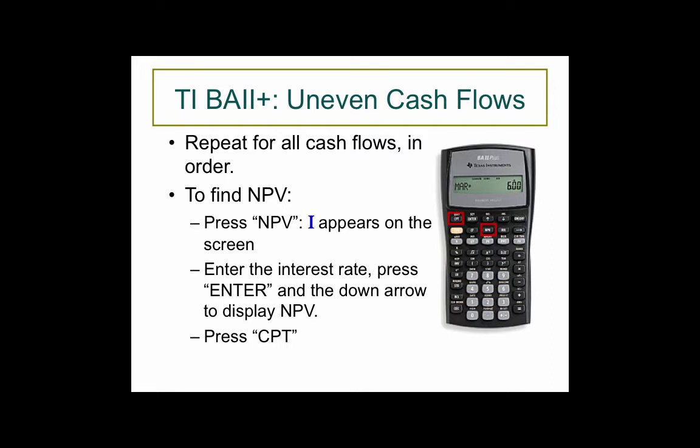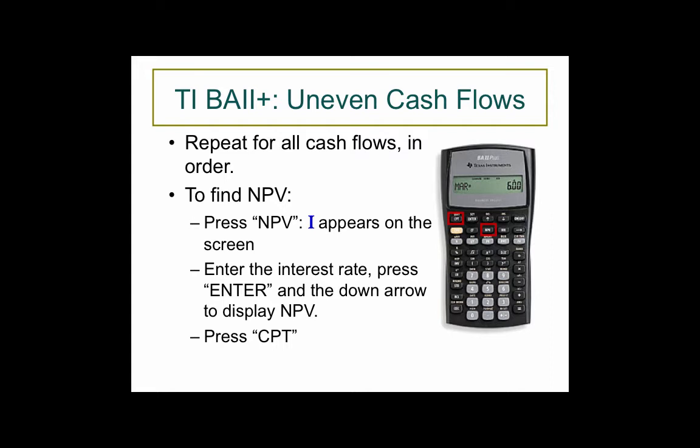So the calculator lets you put it in as a percentage, not a decimal, which is done simply for convenience. So if you're using a formula, you always want to put an interest rate in as a decimal. But if you're going to put it into your TI BA II Plus, you're going to put in those interest rates as a percentage.